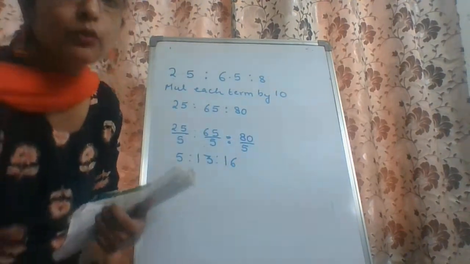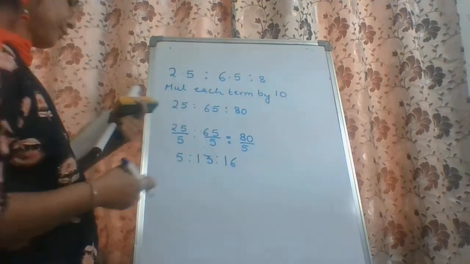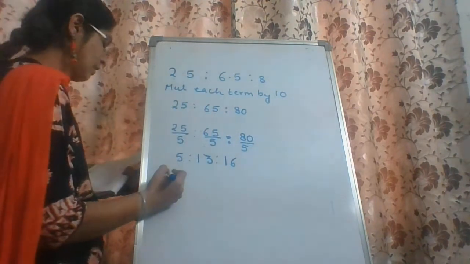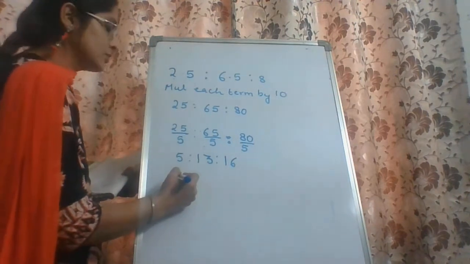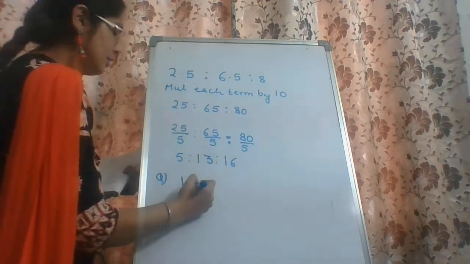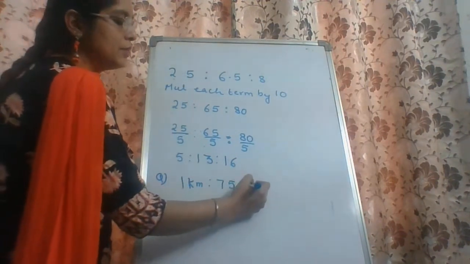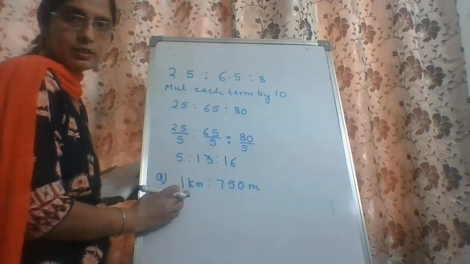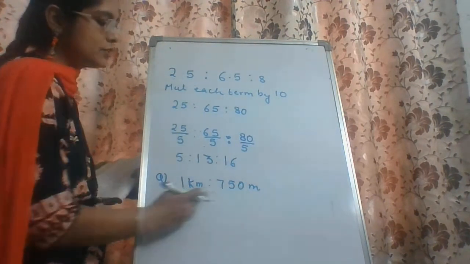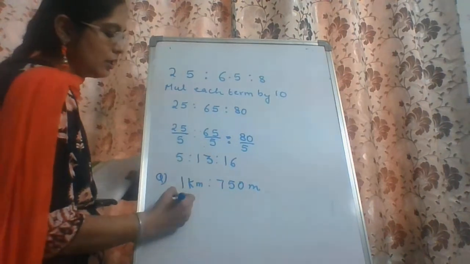Now, if it is in units, how to go with that? Let us take that example also. 1 kilometer is to 750 meters. First, I will convert everything into same unit. I will convert this into meters.